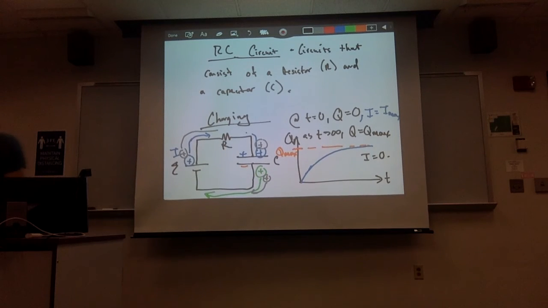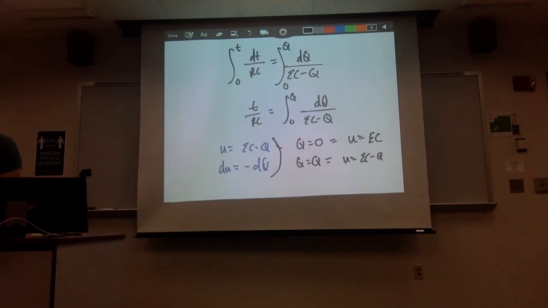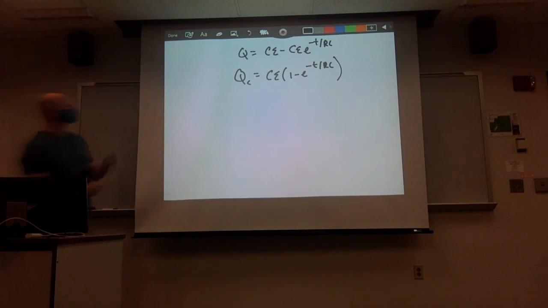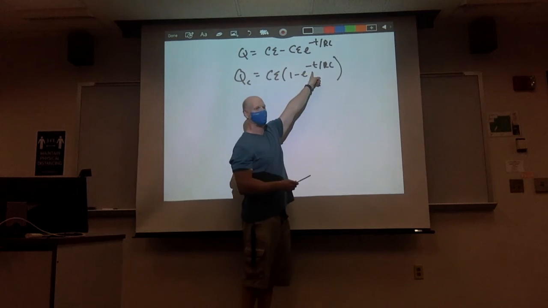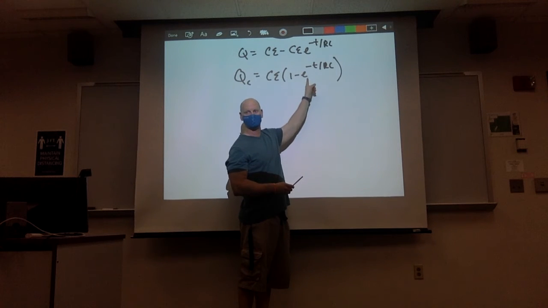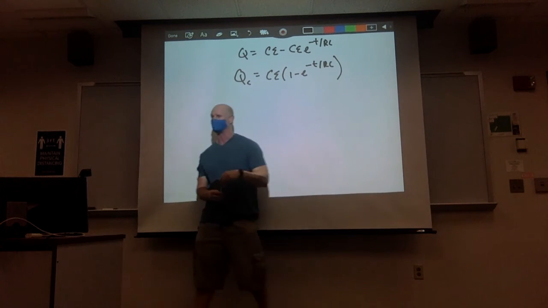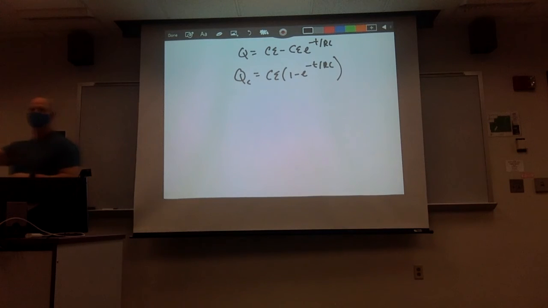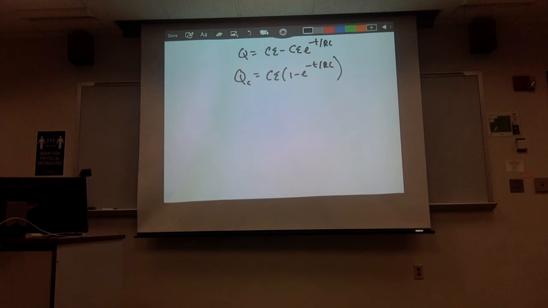As time goes to infinity, what happens? Well, as time goes to infinity, I have an e raised to the negative infinity, which is the same thing as 1 over e to the infinity, but what's e to the infinity? Infinity, so I have a 1 over infinity, and what's 1 over infinity? 0.